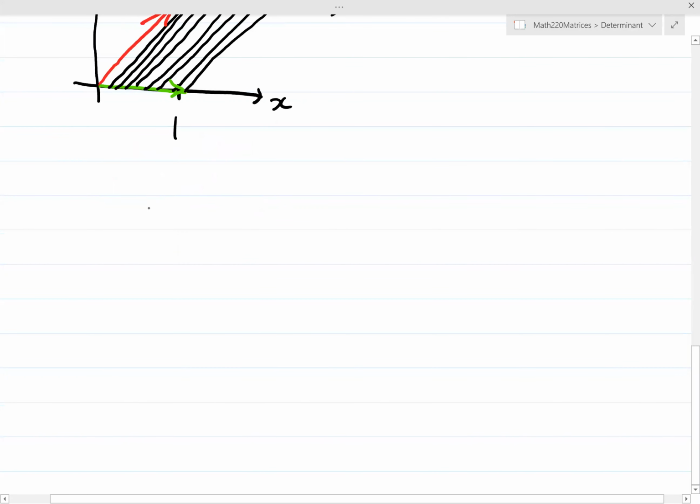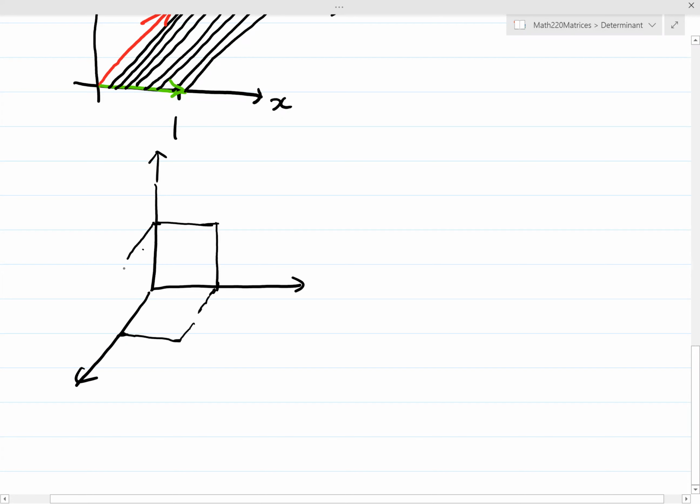So in three dimensions, the box. Okay, so this is the three-dimensional box.